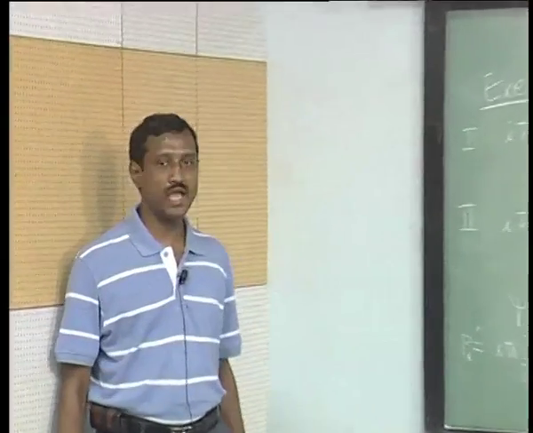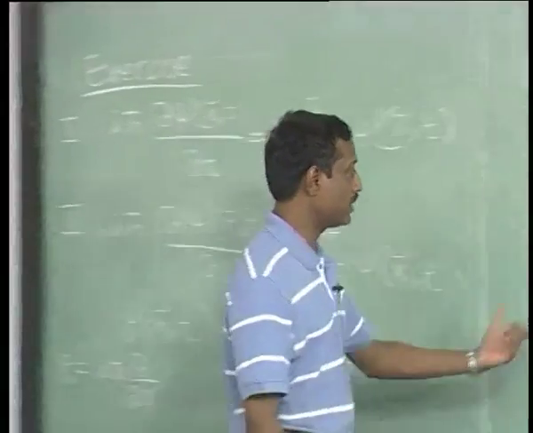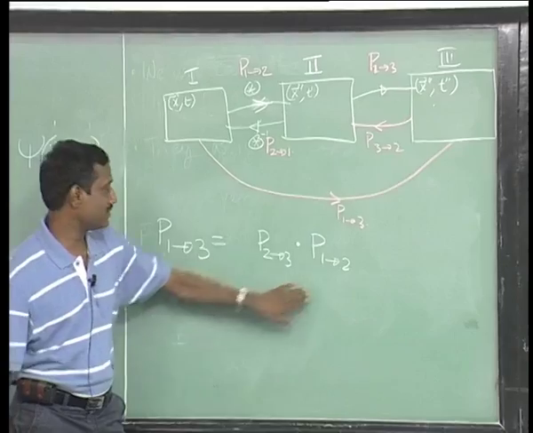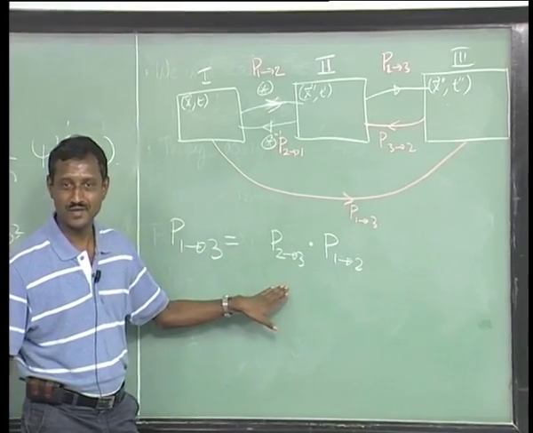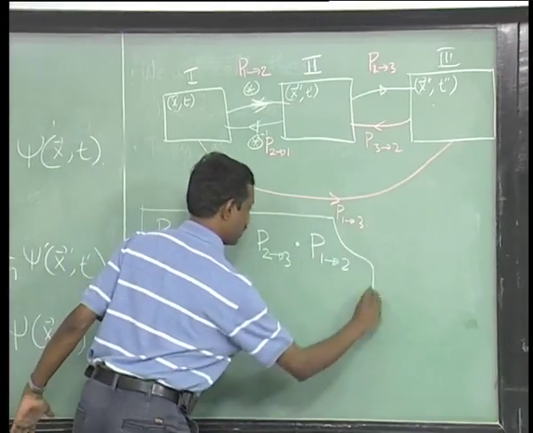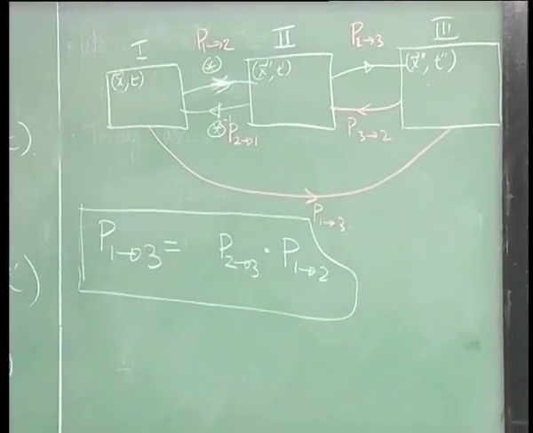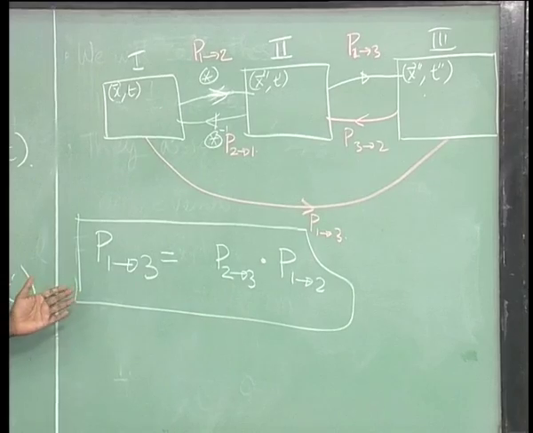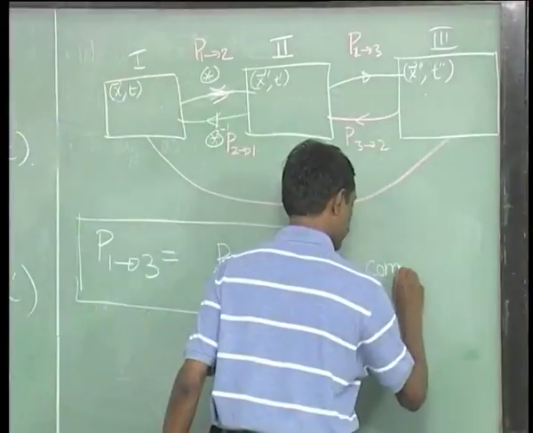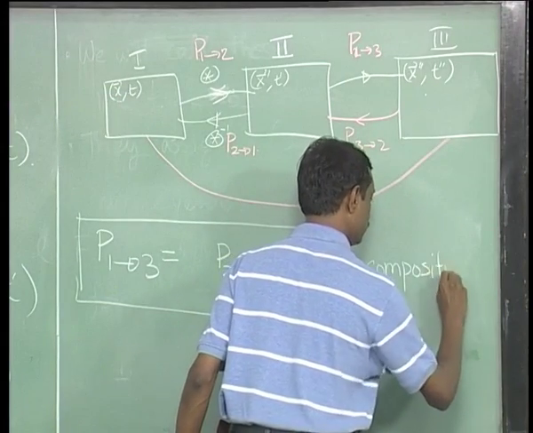It just means follow the arrows, and please remember that because of the way mathematical operations are done, the first one comes here and the other one comes here. This is very simple. Physics tells you that this has to be true. We will call this a composition rule.